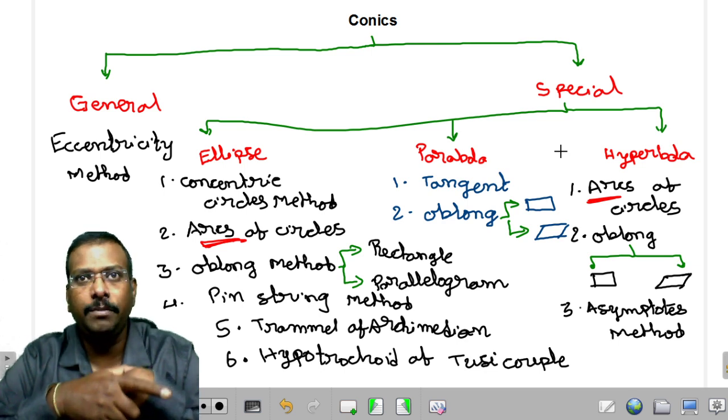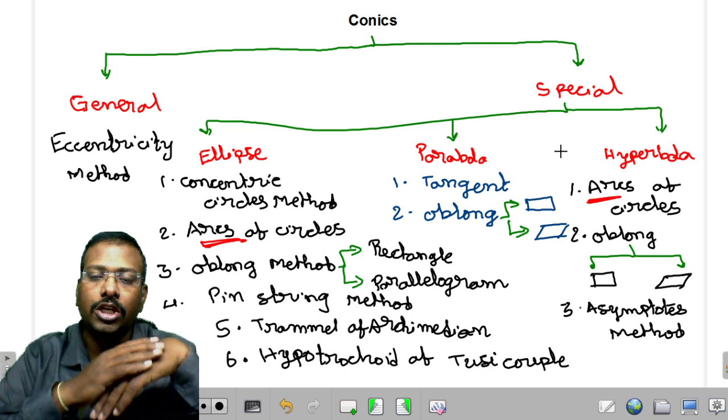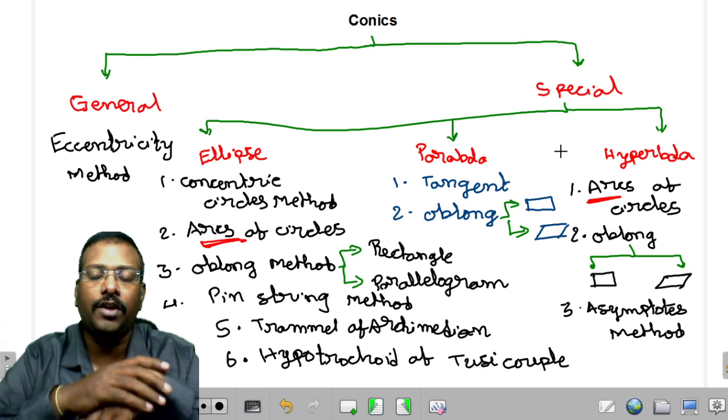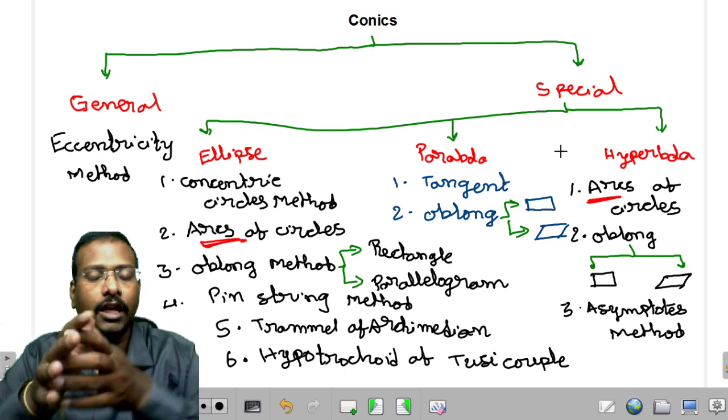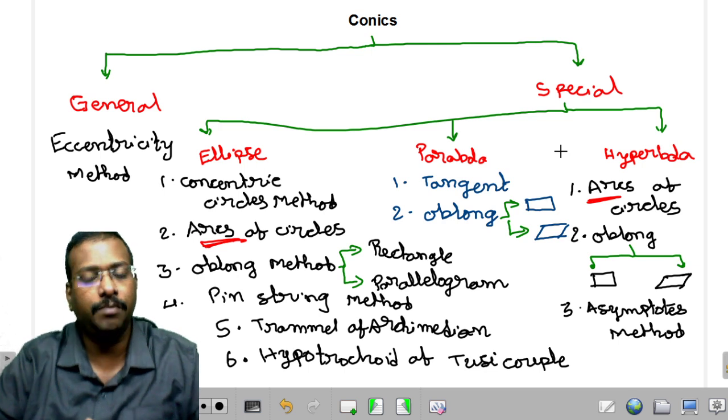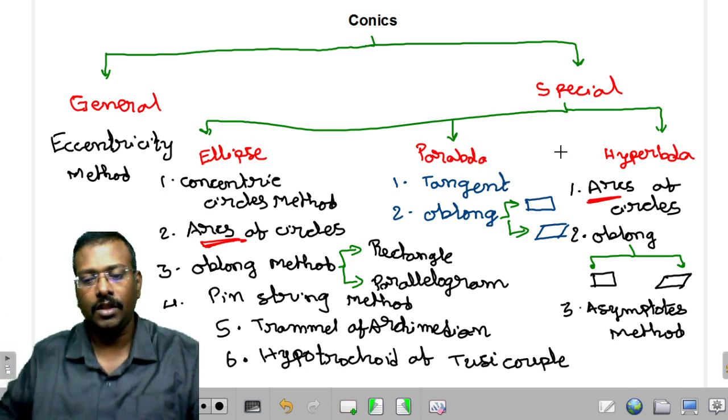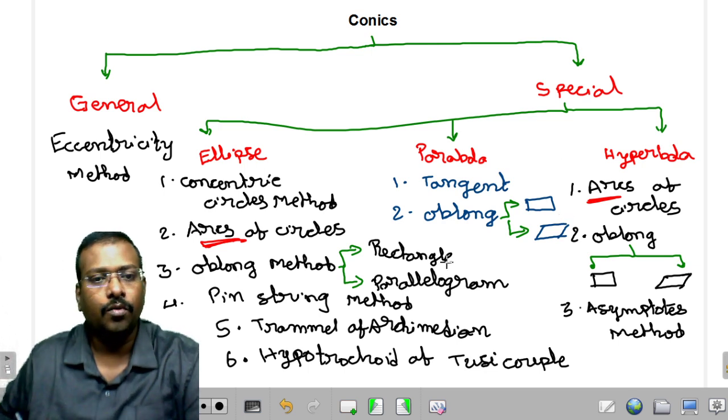Even though the name is the same, the construction steps differ from one to another. That is why it is kept in the special methods. So in the coming videos, we will learn how to construct the conics by using all these methods.